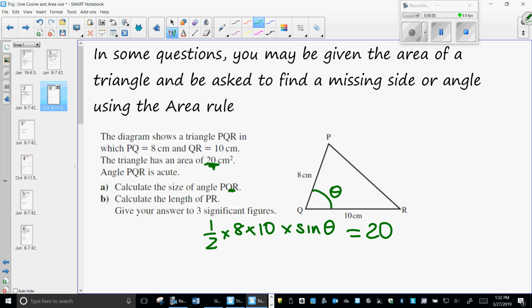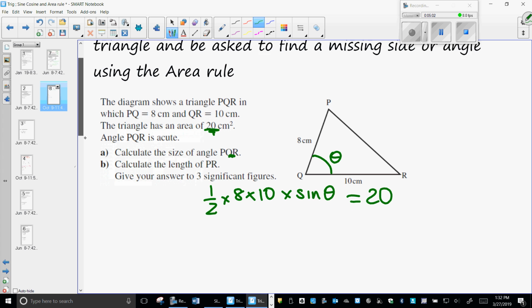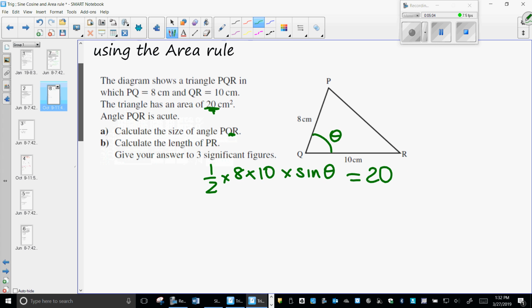Wherever you're given information that you're not quite used to, normally you're given the bits to substitute in. If you're missing one of those bits, they will have told you the value of that expression. So we know it's equal to 20. We just need to rearrange. A half multiplied by 8 is 4. You all happy with that?